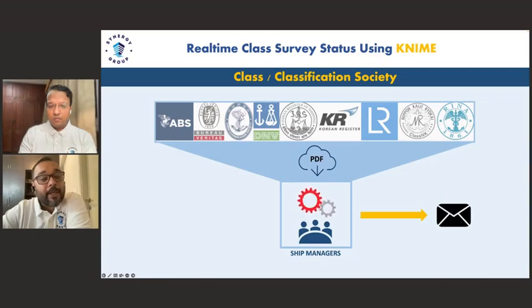Apart from that, at least twice a month, they have to create a report and send it out to the relevant parties, like the ship itself, the owners, the survey department, etc. As represented here, conventionally, vessel managers visit the site, download the PDF, read through the information, compile a mail for each vessel, and then send them out to the concerned parties.